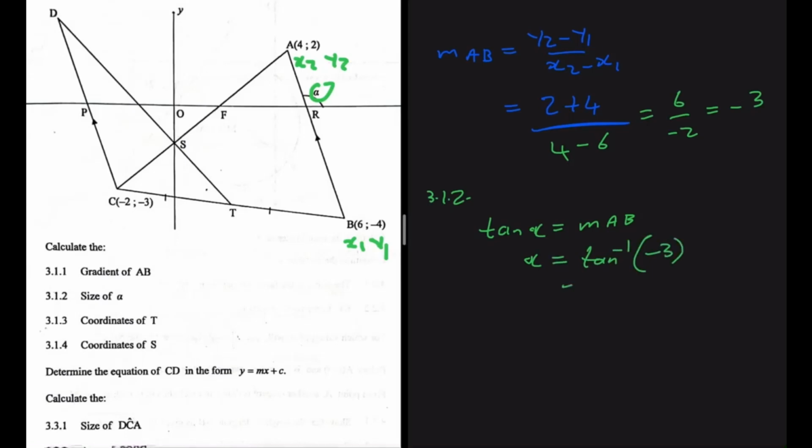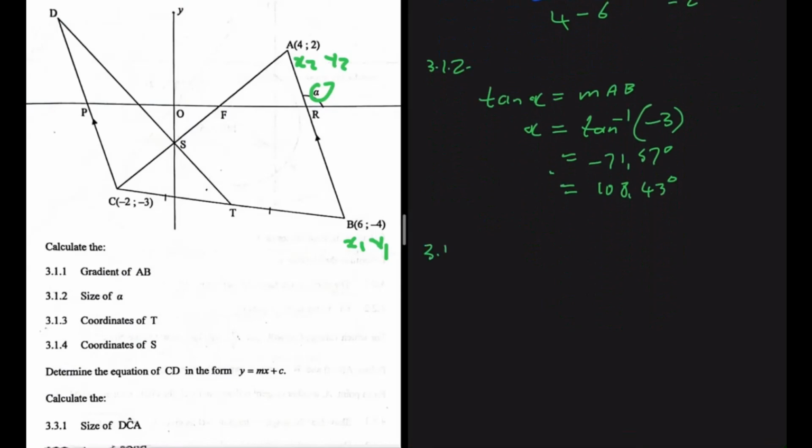If you put that in your calculator, you should get minus 71.557 degrees, right? If we get a negative angle, we always add 180, and then that angle should be 108.43 degrees.